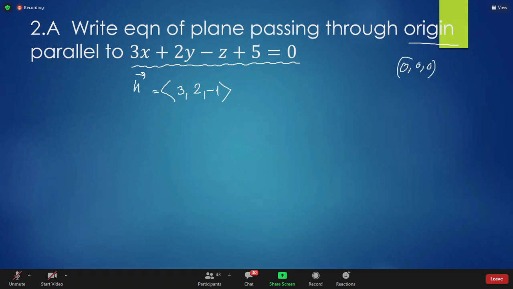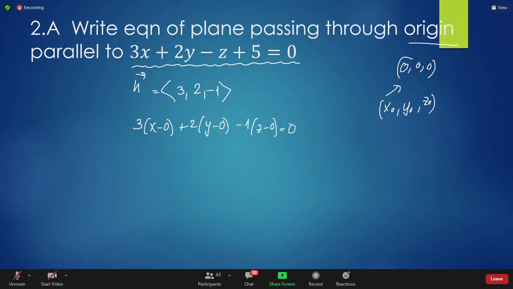So this can be substituted for x0, y0, z0 in the equation through the point perpendicular to a vector. So I could say 3 times x minus 0 plus 2 times y minus 0 minus 1 times z minus 0 equals 0. I am writing it in the long form because it's always necessary to explain the reasoning. I would like to see how you get the equation from the answer.